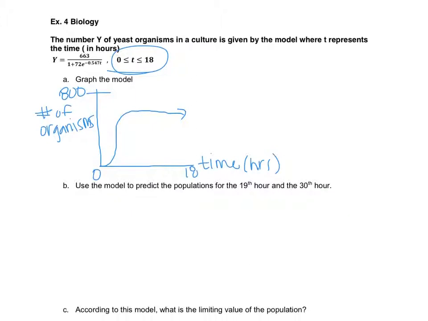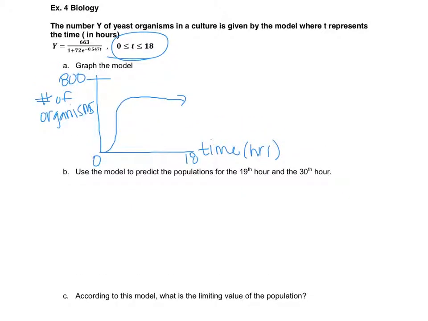Now it says, use the model to predict the populations for the 19th and the 30th hour. And so what we're going to do is just plug in 19 and 30 for t and solve. So y equals 663 over 1 plus 72 e to the negative 0.0547 times 19.